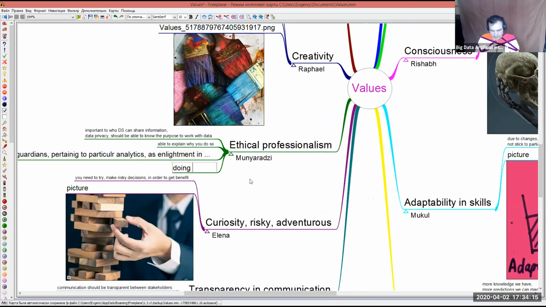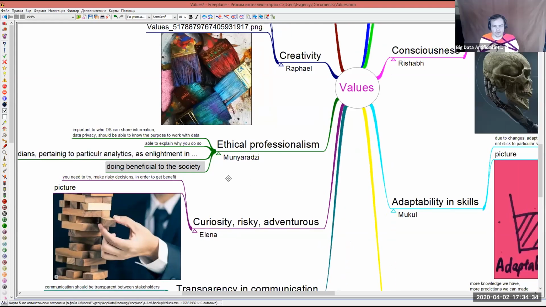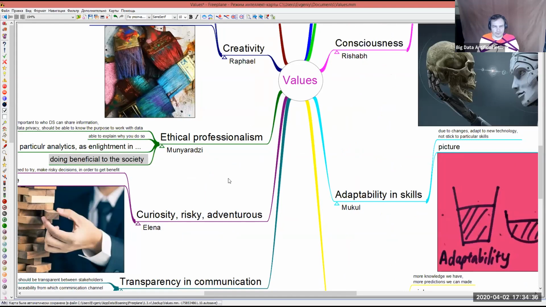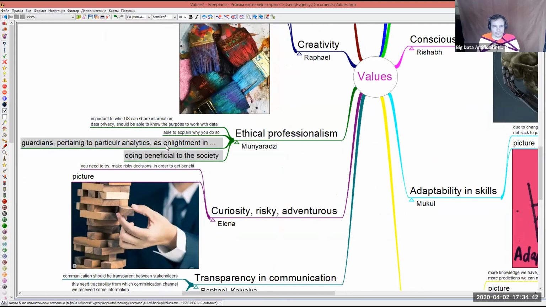So to be short, can we say this is doing beneficial to the society? Yes. Yes, that is the value that can be formulated.